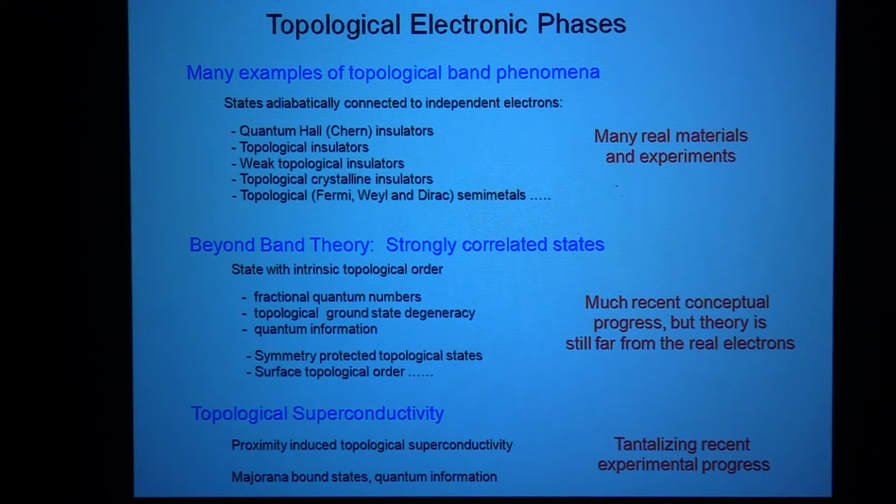What we are doing is restricting ourselves to states where you can adiabatically turn off the interactions, and the state stays in the same phase. There are many of these: the quantum Hall effect, which we'll talk about, topological insulators, weak topological insulators, topological crystalline insulators, and also topological semimetals. These are all things that we can understand within the context of band theory.